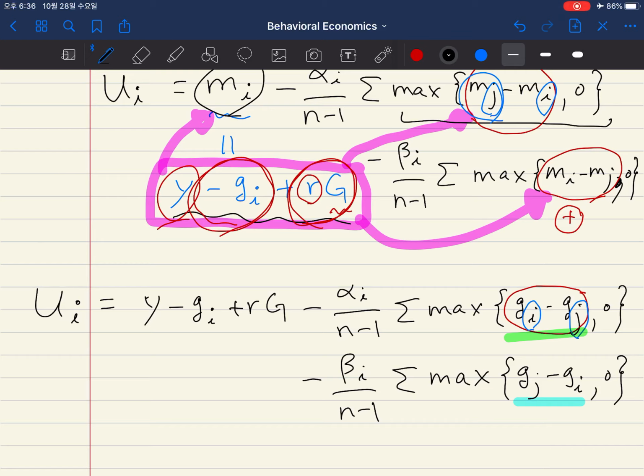So if others spend more for public good, so if this is positive, so individual j spends more than individual i, then because of higher expenditure for public good, eventually individual j is gonna have lower material payoff than individual i. So this is gonna be the source of compassion for individual i.